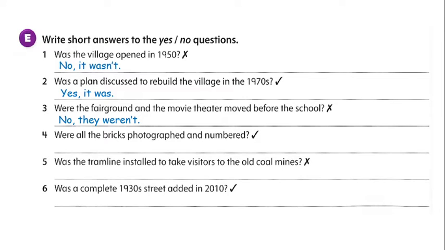Were all the bricks photographed and numbered? Yes, they were. Was the tram line installed to take visitors to the old coal mine? No, it wasn't. Was a complete 1930s street added in 2010? Yes, it was.